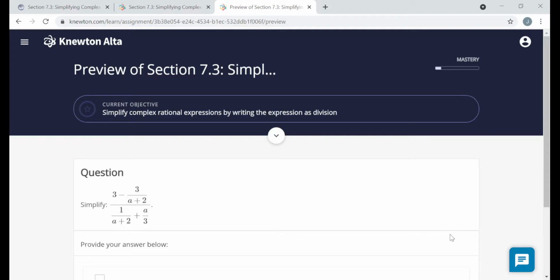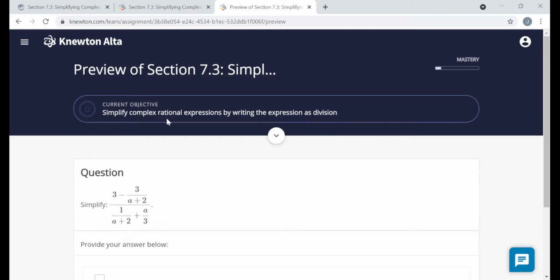This time they're asking us to do the other method. As I said at the top of the video, you can use the LCD method that I just did for the first question, or this method here where you write it as a division problem. Either way will work. You choose which one you like better.